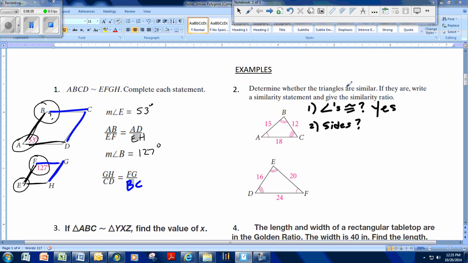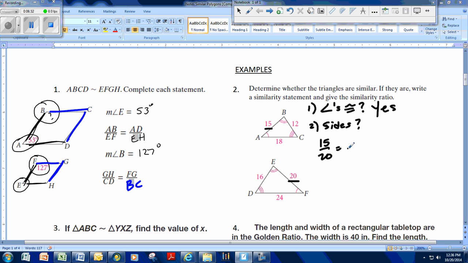We're going to take a look, see if the sides are proportional. So let's start with 15. 15 over, and 15 matches. Sorry about that. 15 matches 20.